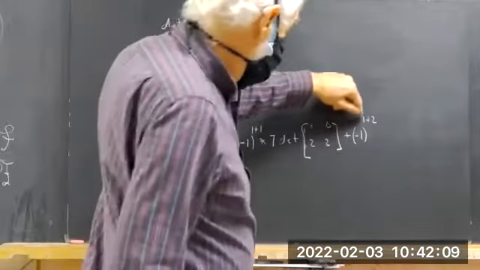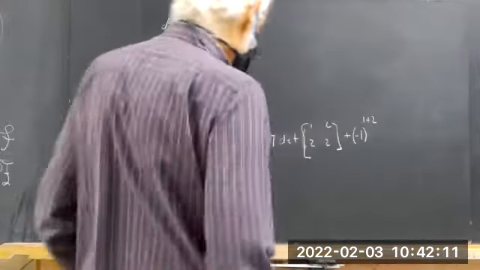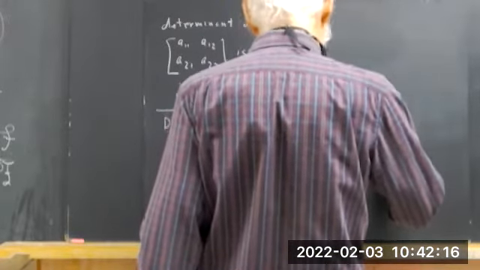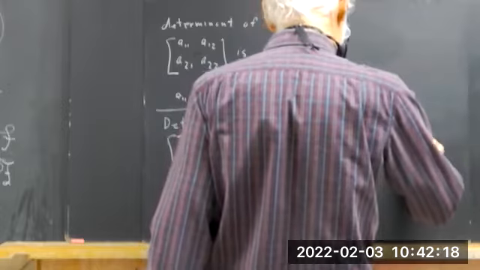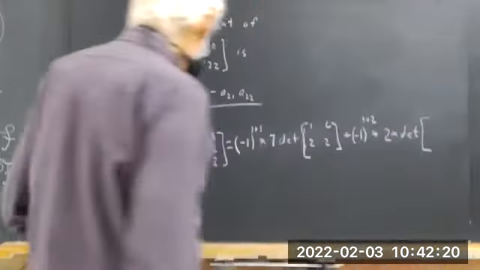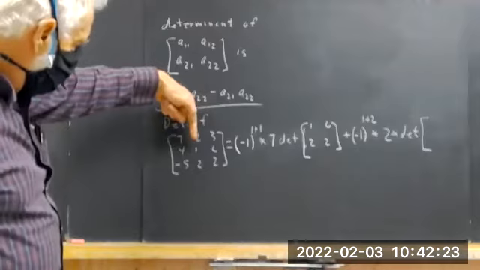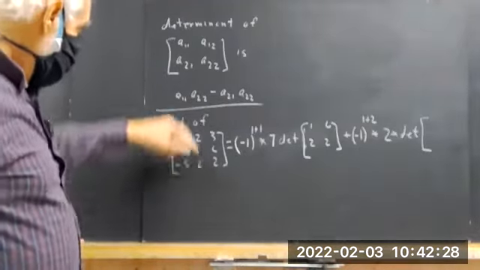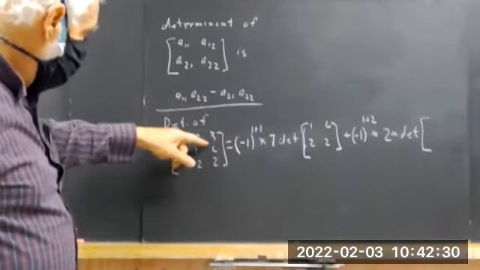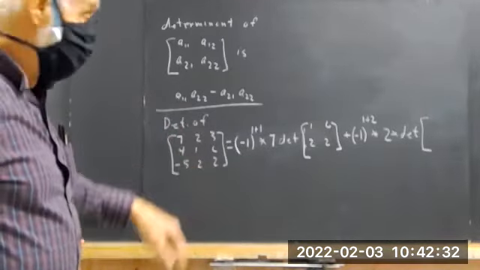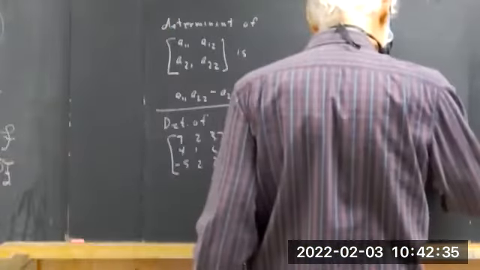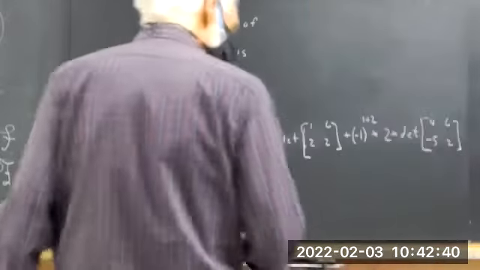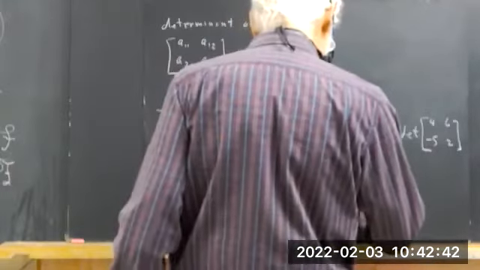So it's -1 to the 1 plus 2, times 2, times the determinant of the matrix I get if I throw out the column below 2 and the row of the 2. And that leaves me with the 4 and the -5 and the 6 and the 2.